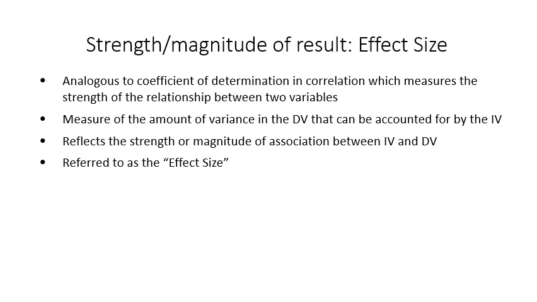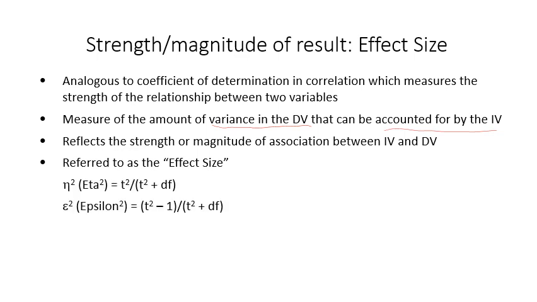Well, effect size does the same in samples like this, in that we're looking at how much of the variability in the dependent variable, our outcome variable, is accounted for by the independent variable. So this is a strength or a magnitude of the association between these, and this is referred to as an effect size.